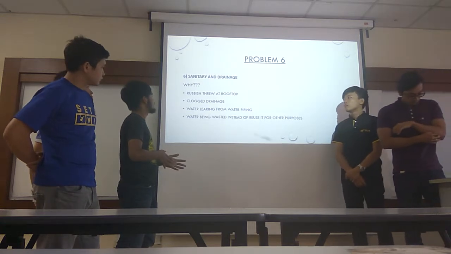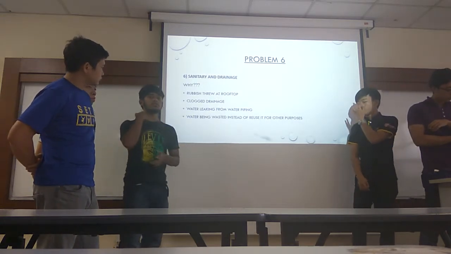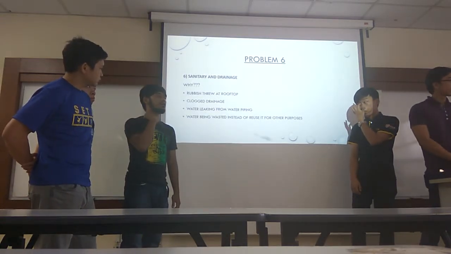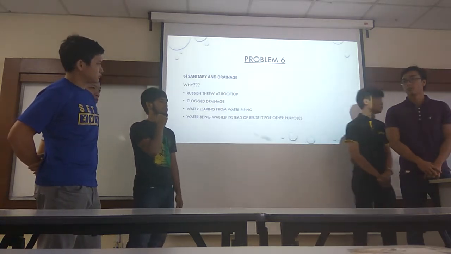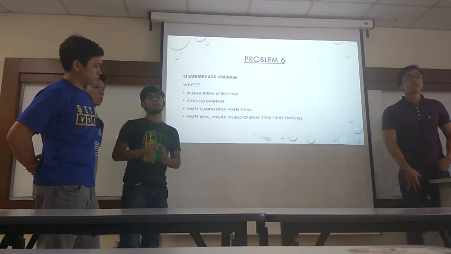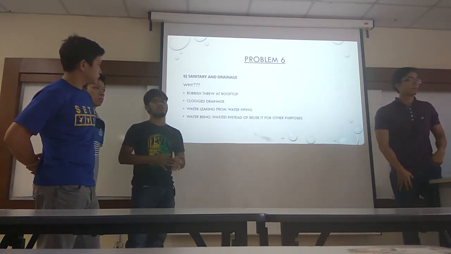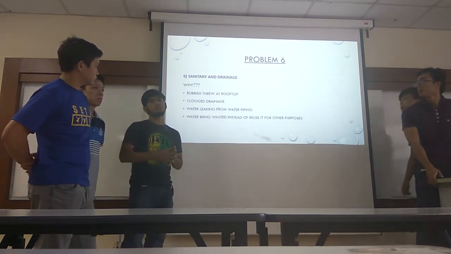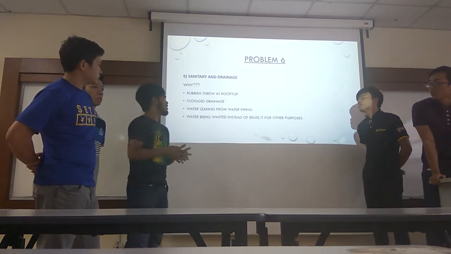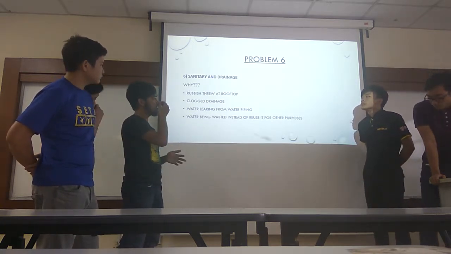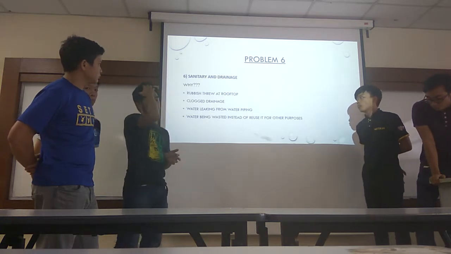And then this clogged drain happened near our parking behind the college, because there was a lot of rubbish inside, such as food waste, housing waste, and water leaking from water piping.